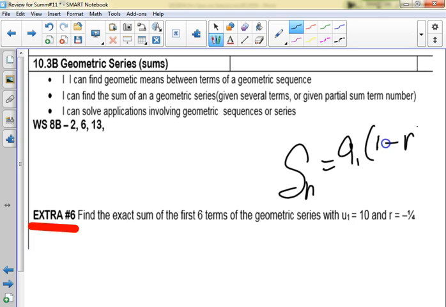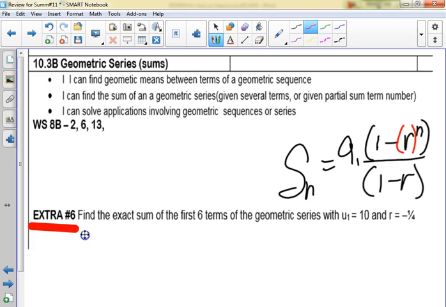It's the first term times one minus r to the n, all over one minus r. And we always probably want to put extra parentheses there, right? To be sure. We can put extra around this r as well.